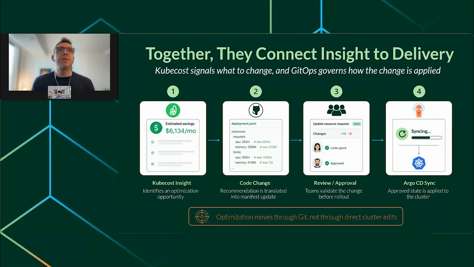Where this came from is that I've talked to a number of customers that really love the data Kubecost gives us and love the right sizing recommendations, but they don't like the idea of an agent or something like that making these recommendation changes in their cluster without any human in the loop.